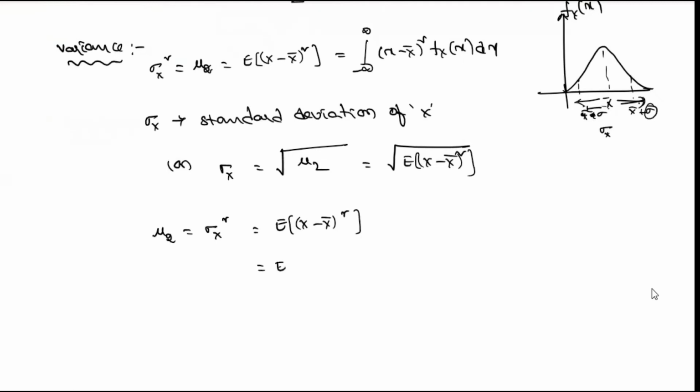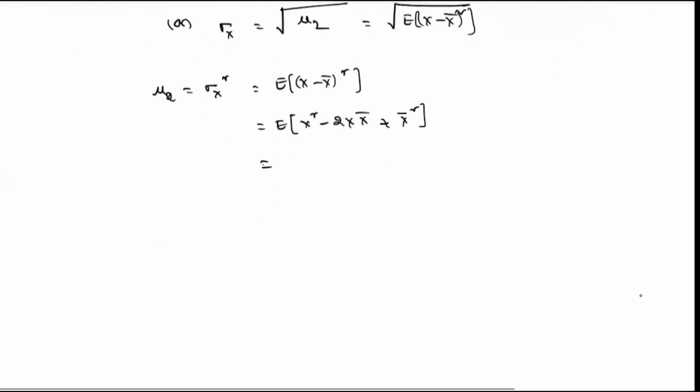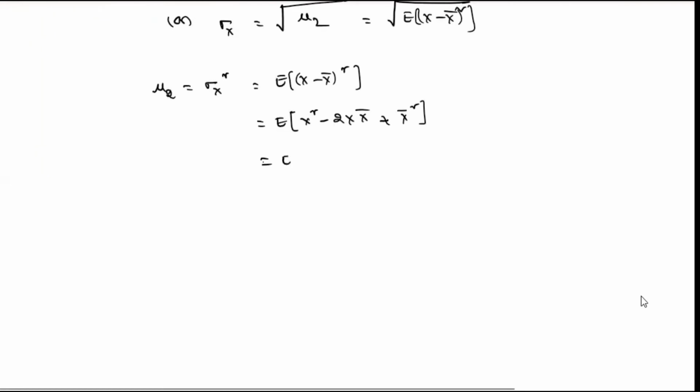Now using the (a minus b) whole square formula, x square minus 2 x x bar plus x bar square. Apply the properties of expectation: E of x square minus 2 E of x, and there is no need to apply expectation to x bar, because the expected value itself is a constant and no need to apply expectation again to that constant term.